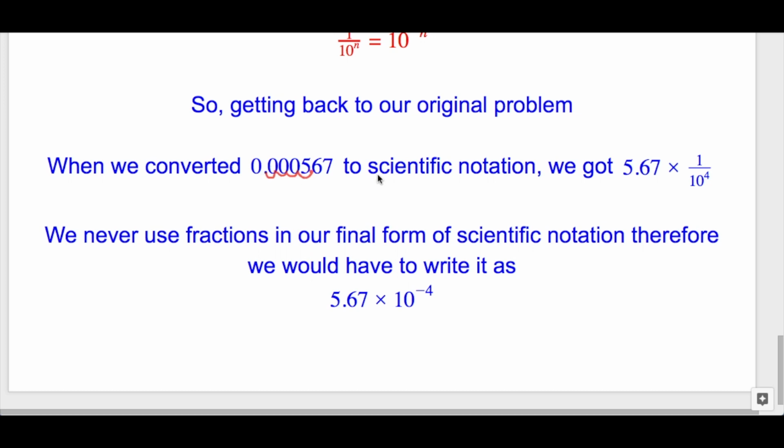Now, since we shifted it to the right, that means the power is negative. So since we shifted the decimal place 1, 2, 3, 4 times, that will become 5.67 times 10 to the negative 4. So that's the basic rules of doing scientific notation.